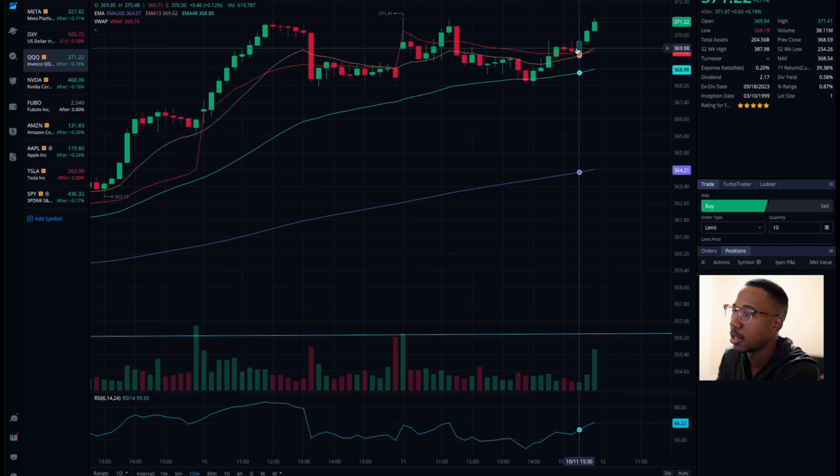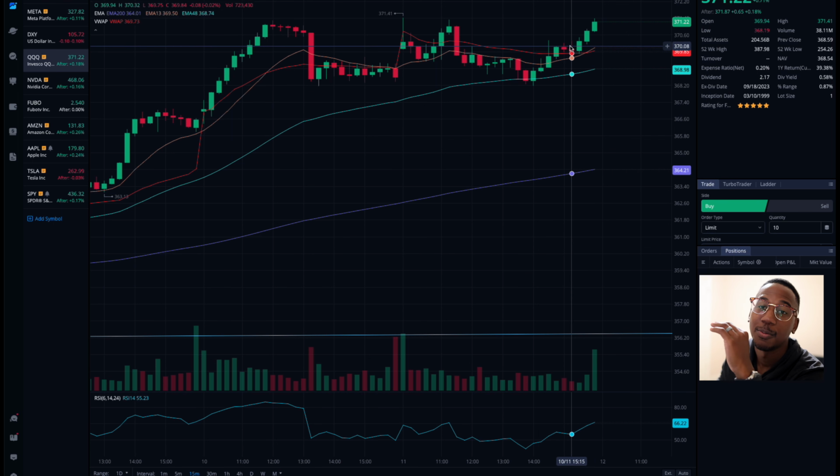So probably right here on this candle. But I remember thinking, yo, theta is eating me, and I'm not 100% sure if it's going to get to 371. I knew it was going to get there, but I didn't know that it would end at 371 and 22 cents. With that, I would have made some money on the contracts, but hey, better to play it safe than sorry. So I ended up taking a 50% loss on those.